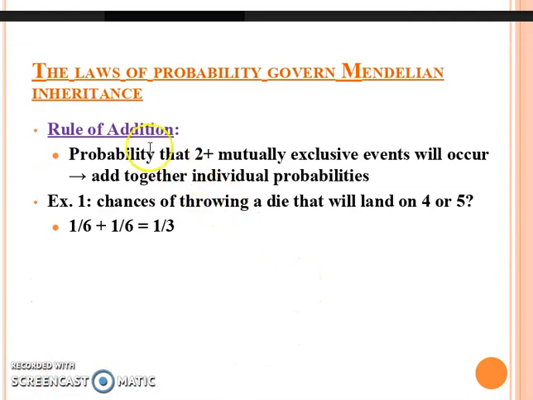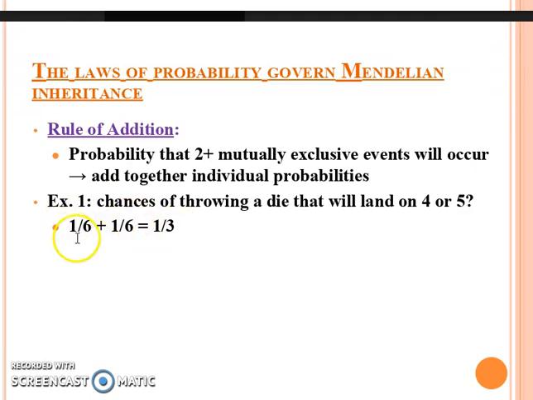Rules of addition. The probability that two or more mutually exclusive events will occur: add together the individual probabilities. So, the chance of throwing a die that'll land on a 4 or 5. You have a 1 out of 6 chance of getting a 4 and a 1 out of 6 chance of getting a 5.